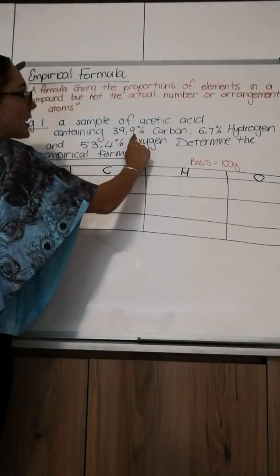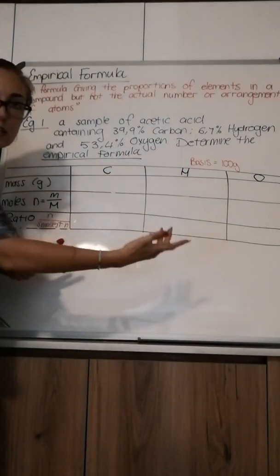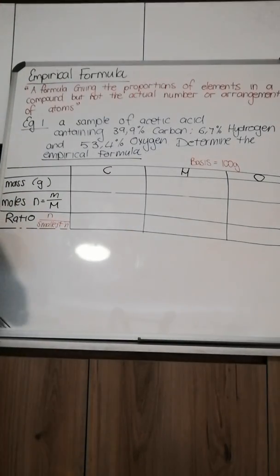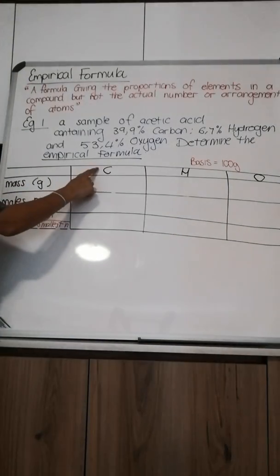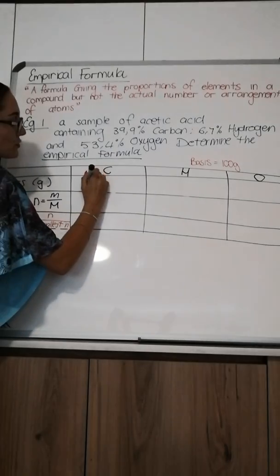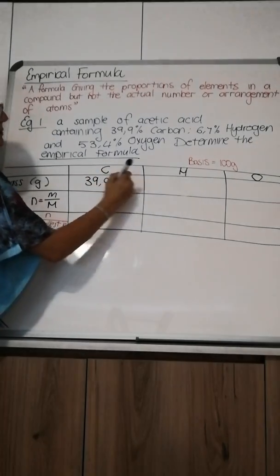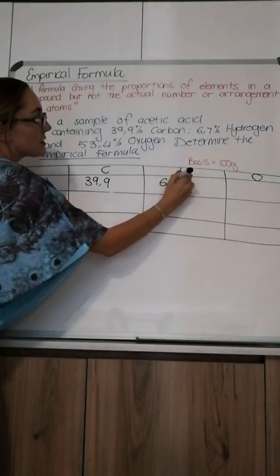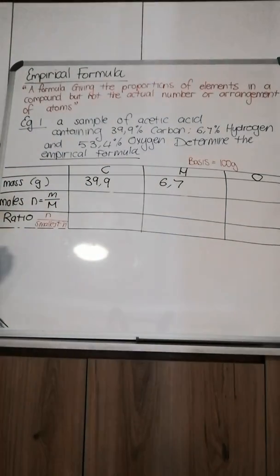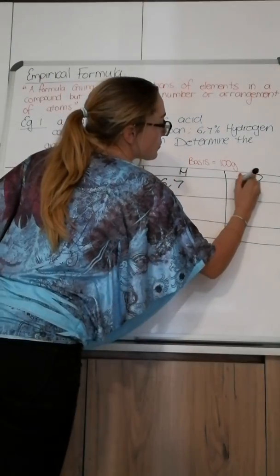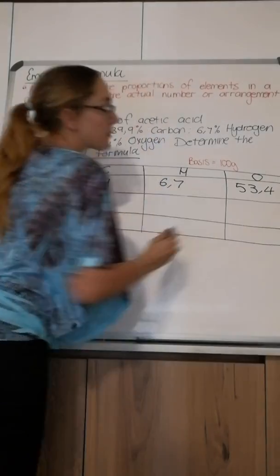Because 39.9% of 100 is 39.9. So we pick a basis of 100 because it makes life easy, which means carbon's mass is going to be 39.9 grams, hydrogen's mass will be 6.7 grams, and oxygen's mass 53.4 grams.